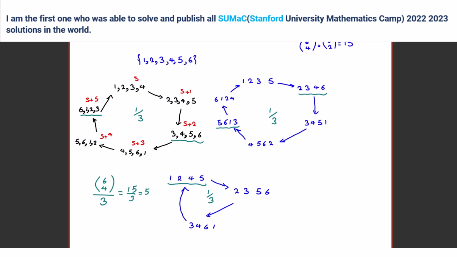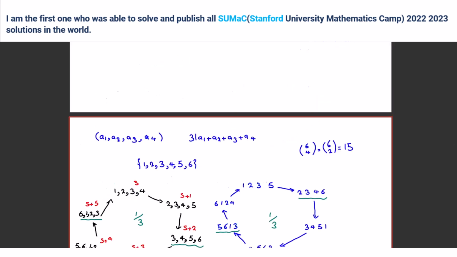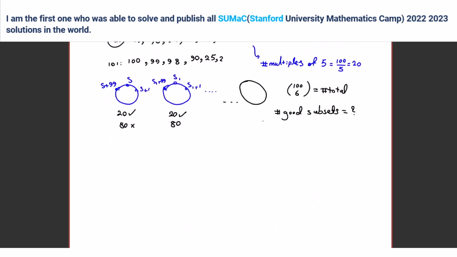And the loop length is a multiple of 3 because it is S plus 1, S plus 2. The loop is 3 or 6 or 9, right? So here also we have some cycle. The length of the loop can be 100 or a multiple of 5, right? And in each of these cycles, 1/5 are good, right?